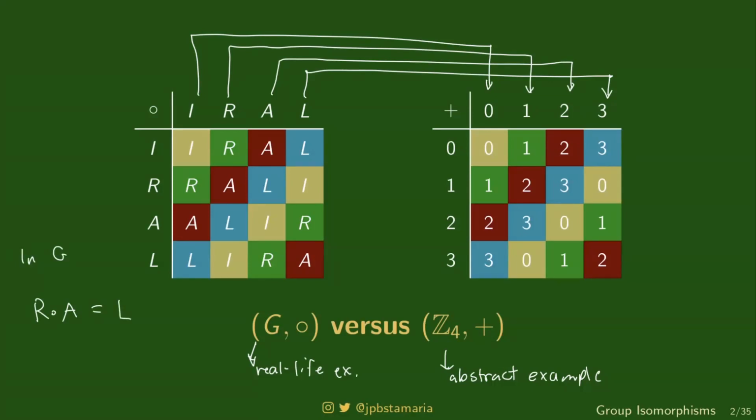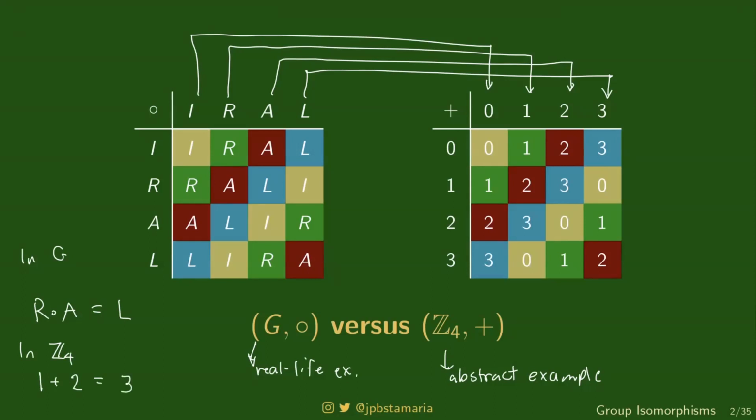On the other hand, correspondingly, in the group C of 4, R corresponds to 1 and A corresponds to 2. But then the operation in Z sub 4 is addition modulo 4, so 1 plus 2 is 3.